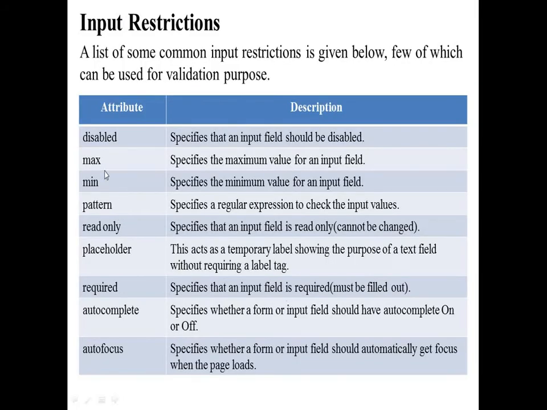So next is max and min. We will see both together. Max specifies the maximum value for an input field, and min specifies the minimum value for an input field.